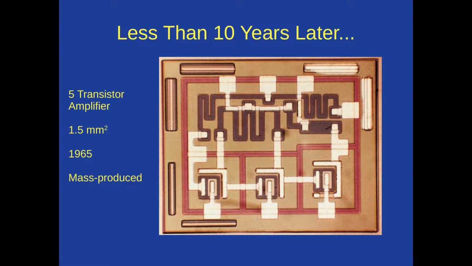So this was about 1 millimeter on a side, tiny, had 5 transistors inside, and this worked as an amplifier. So in 10 years, we went from this to this. And now we were on a roll, right? This was mass produced and was used for portable amplification.